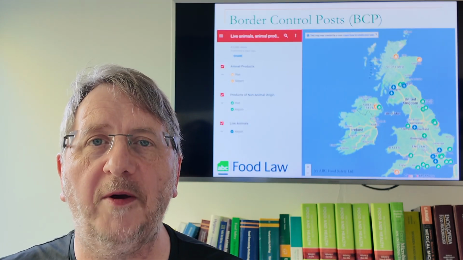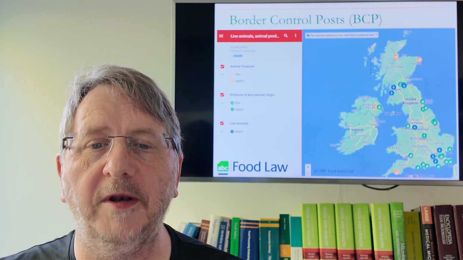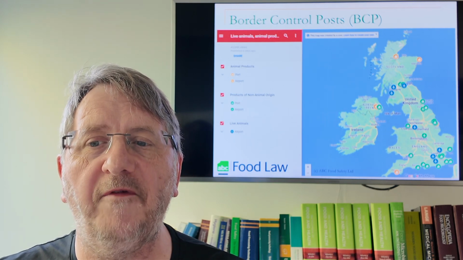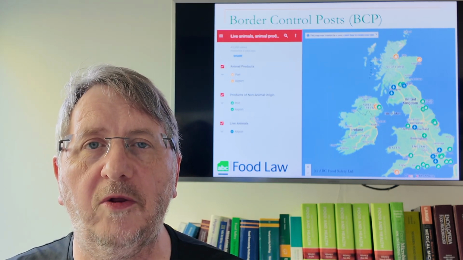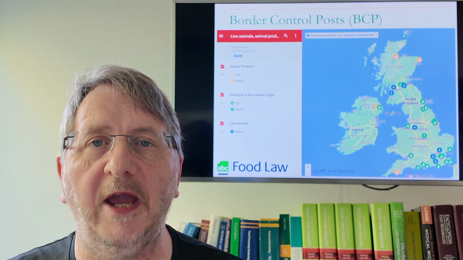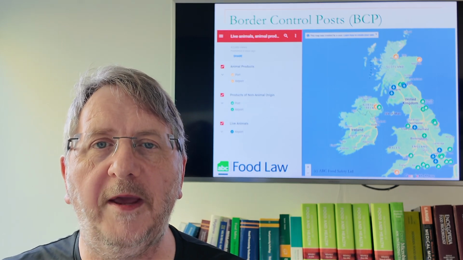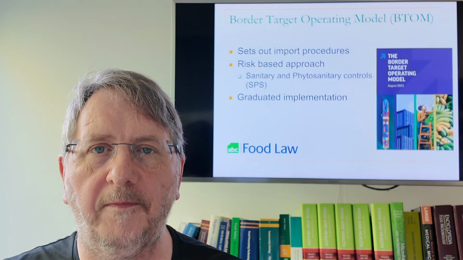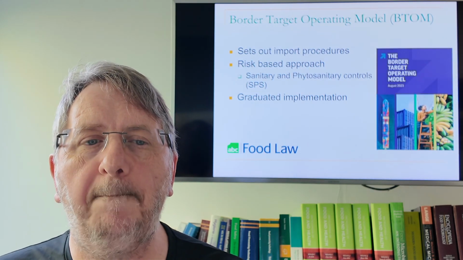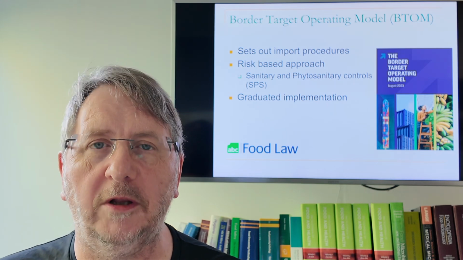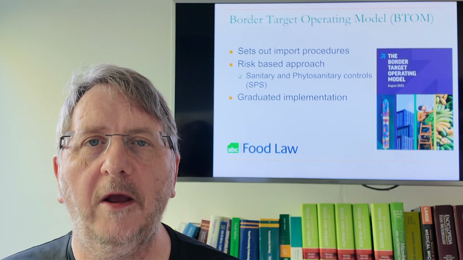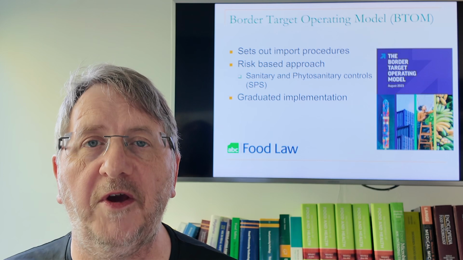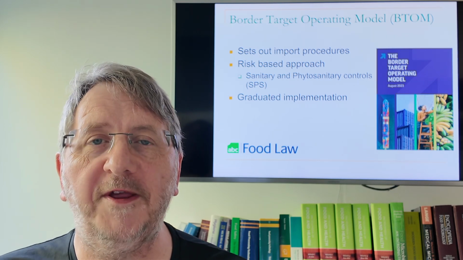The border control posts are located around Great Britain, so you can find out where they are from the www.gov.uk website, but they'll be located at seaports or at airports. We have a Border Target Operating Model, the BTOM, which, at the time of recording this on the 1st of May 2024, has been implemented.